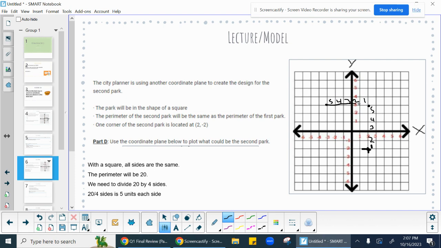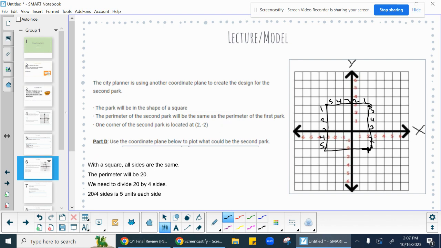That's my second side. And then 1, 2, 3, 4, 5. And then connect on the bottom. So that would be the second park. It has a perimeter of 20, which it says it has to have the same perimeter as the first park. And it is a square because each side length is 5.